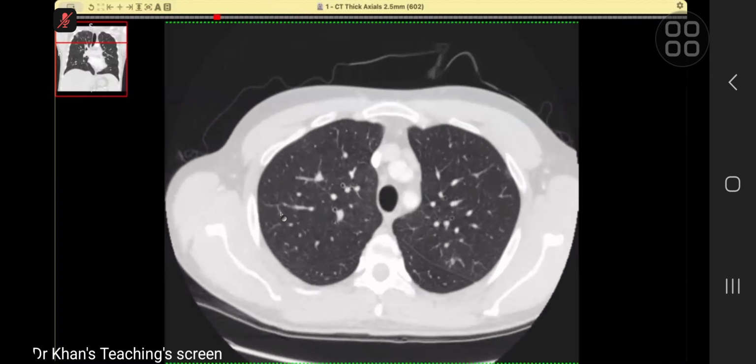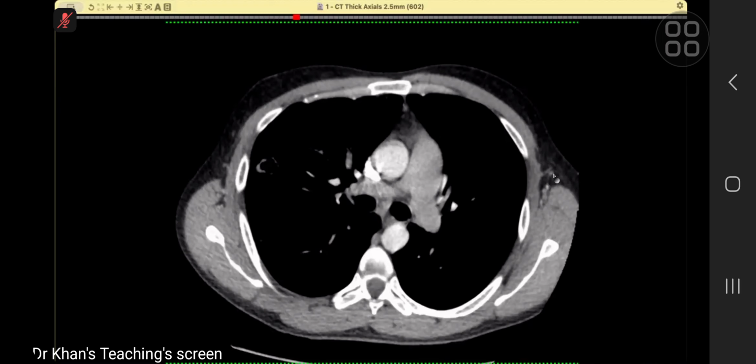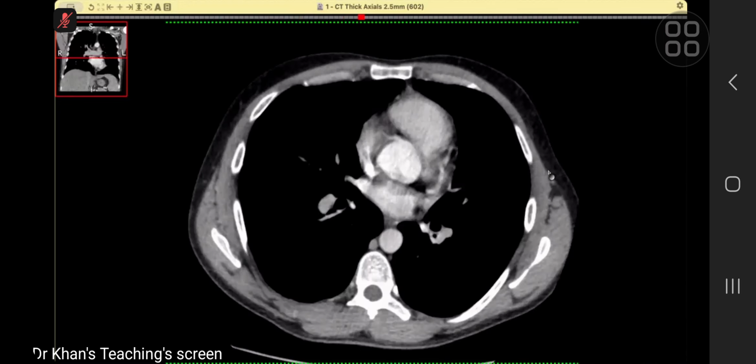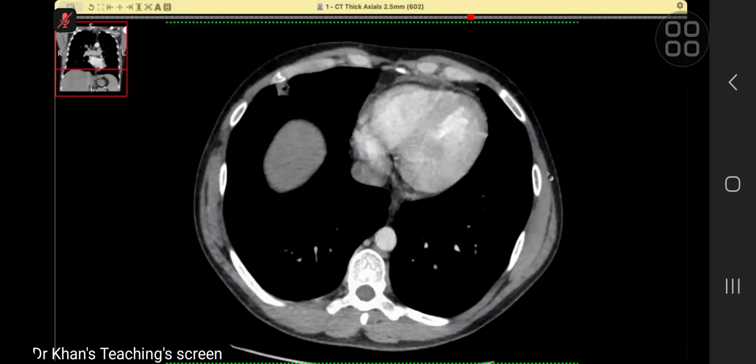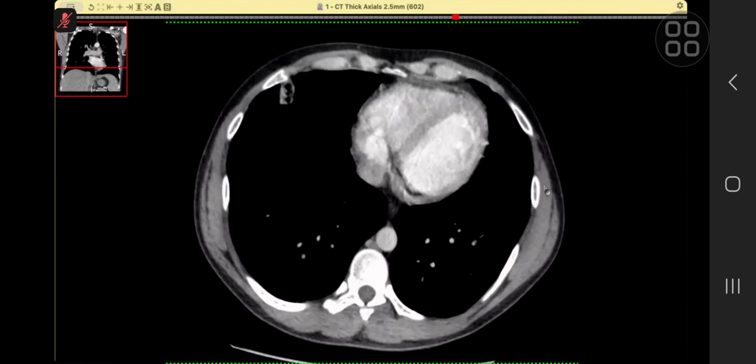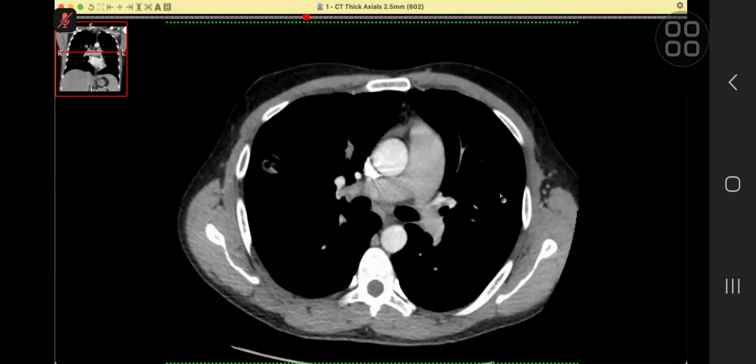I want to see if there is any filling defect within both main pulmonary arteries. I want to rule out any superadded pulmonary embolism, which I cannot see. Given the history of drug abuse, this could be representing a cavitary lesion of septic emboli.